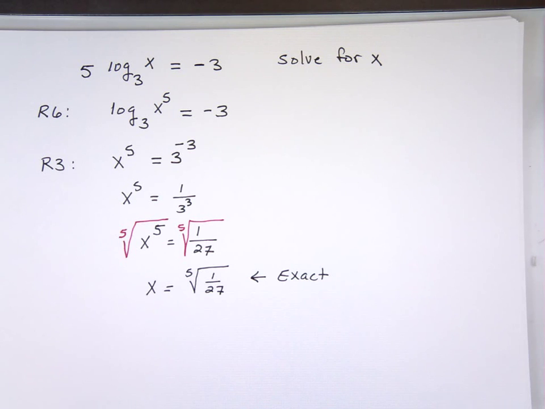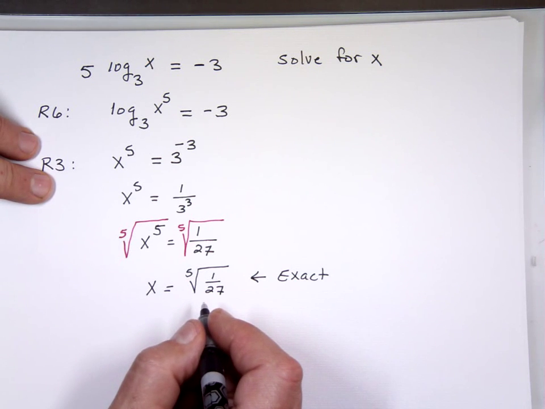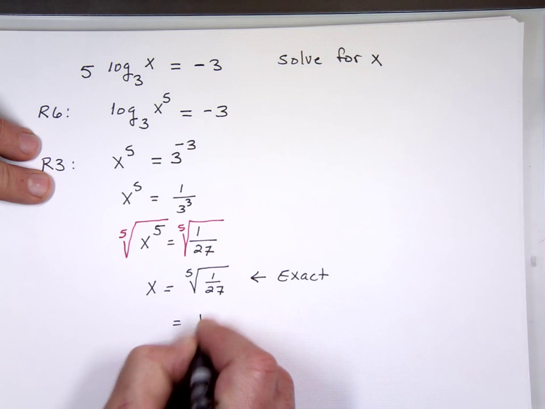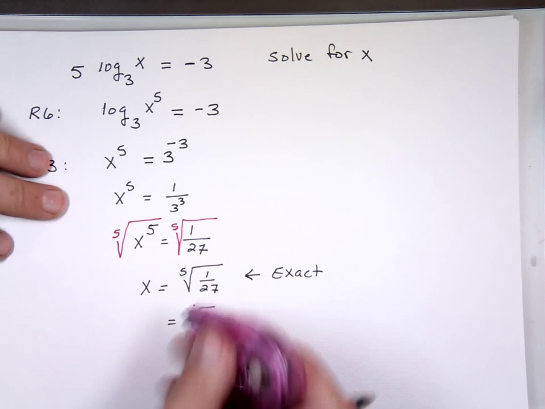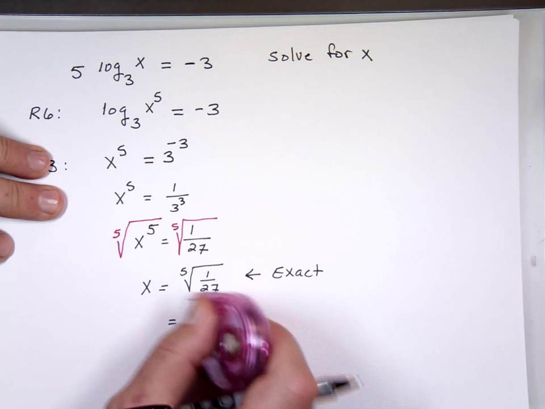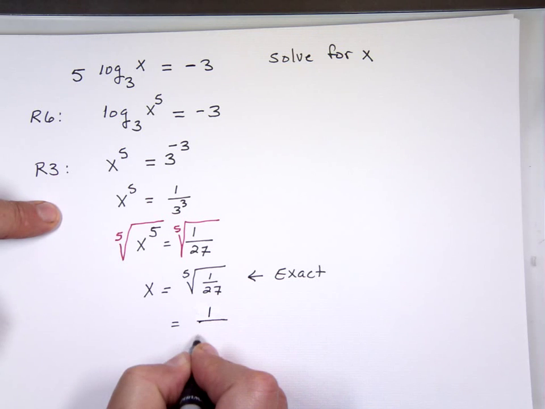You might want to simplify it because the fifth root of 1 is always 1, right? So you can break it down to 1 over the fifth root of 27.